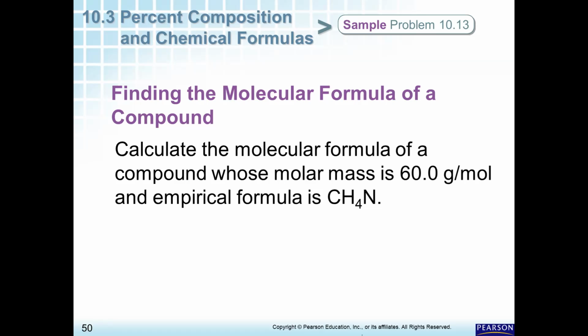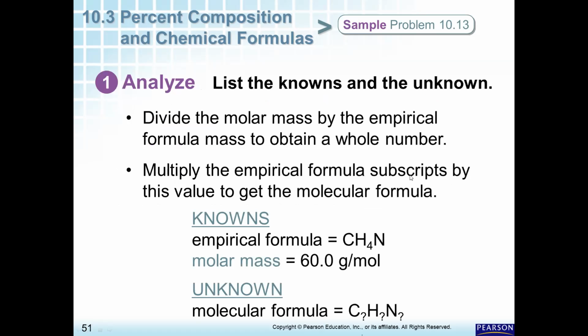If you want to make the question a little bit harder, instead of giving you this, we'll say the percent compositions are 20%, 60%, and 20%, for example, for different elements. So you have to go through the calculations, find the empirical formula, find the mass for that, divide this by that, that will give you the multiplier, then you multiply it by that number.